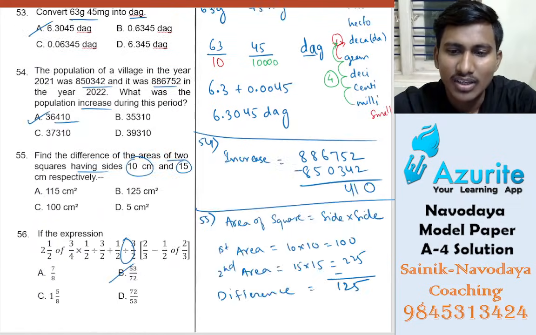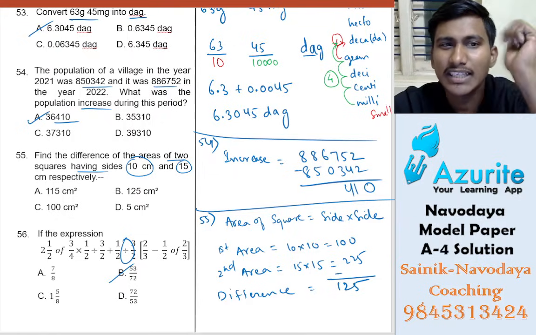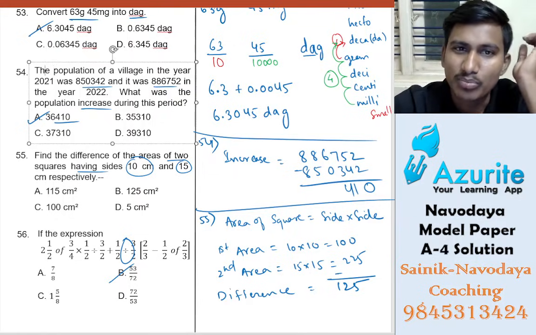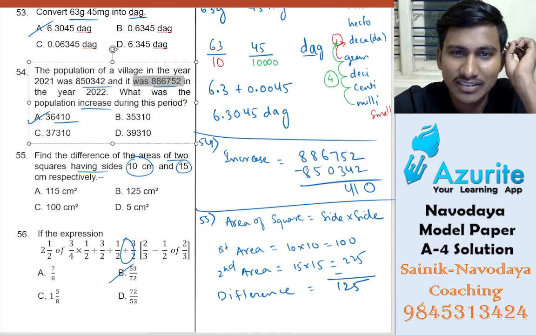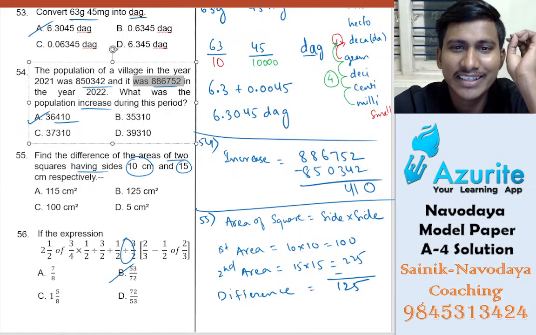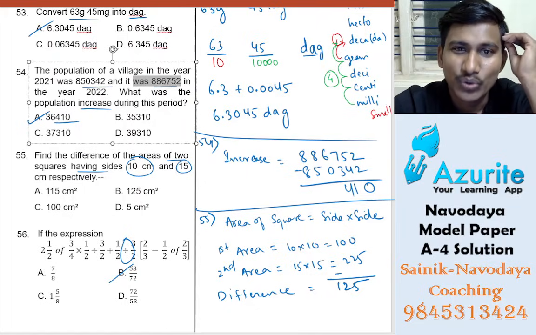Got it? So students, here 54 question. Population of a village in the year 2020 was 8,50,342 and it was 8,86,752 in the year 2022. So what was the population increase?